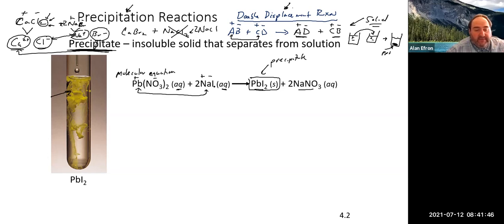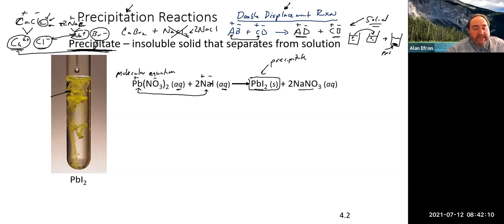The lead ended up with the iodide on the right hand side, the sodium ended up with the nitrate on the right hand side, and we have our double displacement. So it is really a double displacement reaction. Most people would probably classify it as a precipitation reaction because a solid has been made. Any questions on that?